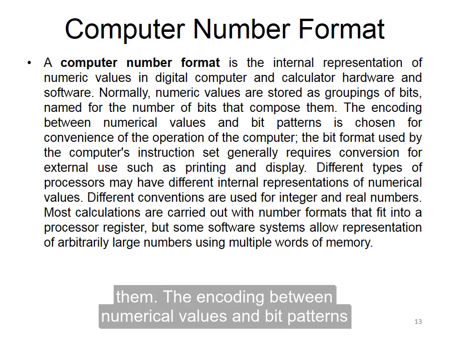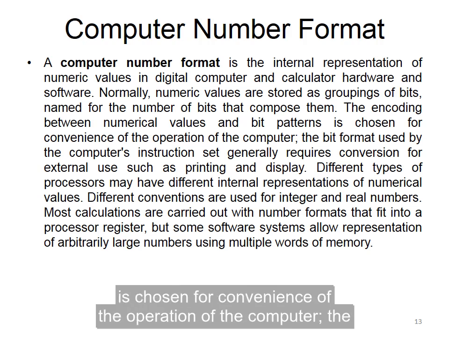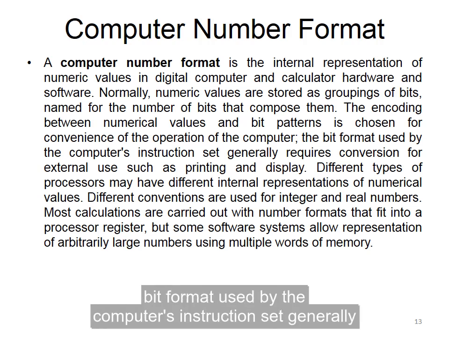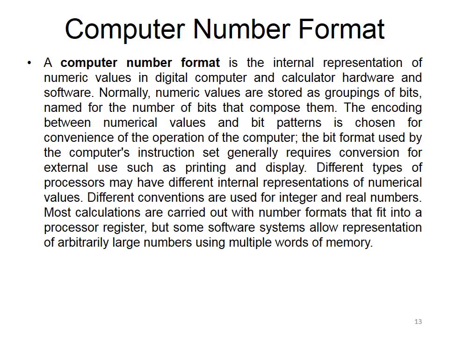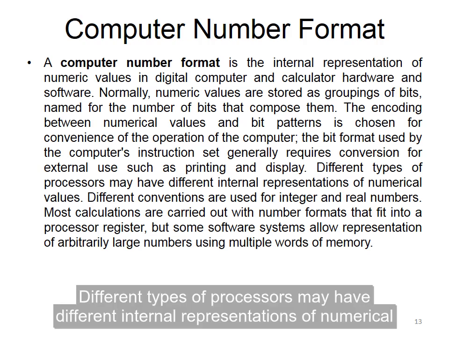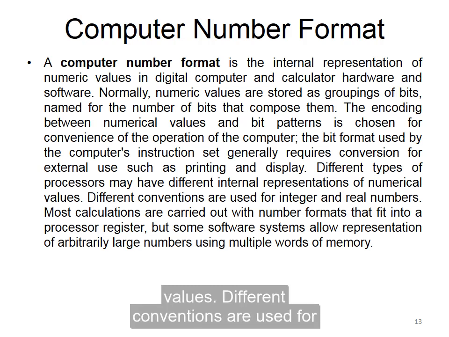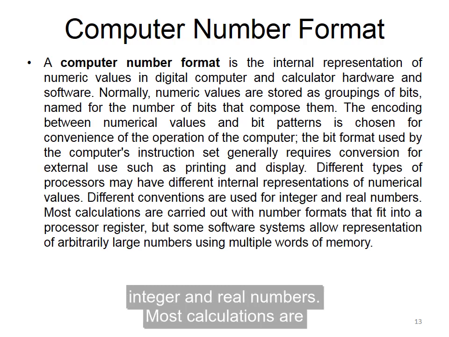The encoding between numerical values and bit patterns is chosen for convenience of the operations of the computer. The bit format used by the computer's instruction set generally requires conversion for external use such as printing and displaying. Different types of processors may have different internal representations of numerical values. Different conversions are used for integer and real numbers.